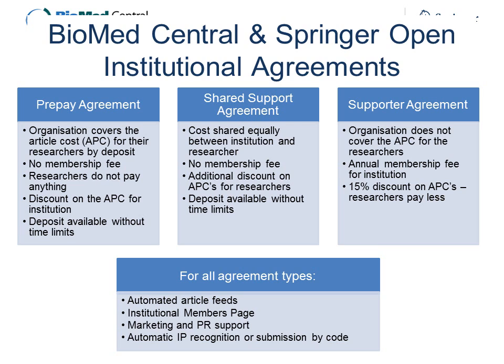And the third one is the support agreement. The institution pays an annual membership fee, and the authors then always receive a 15% discount when they want to publish in either BioMed Central or SpringerOpen journals. Also, we work with institutions in developing countries as defined by the World Bank, where researchers do not have to pay any article processing charges at all.